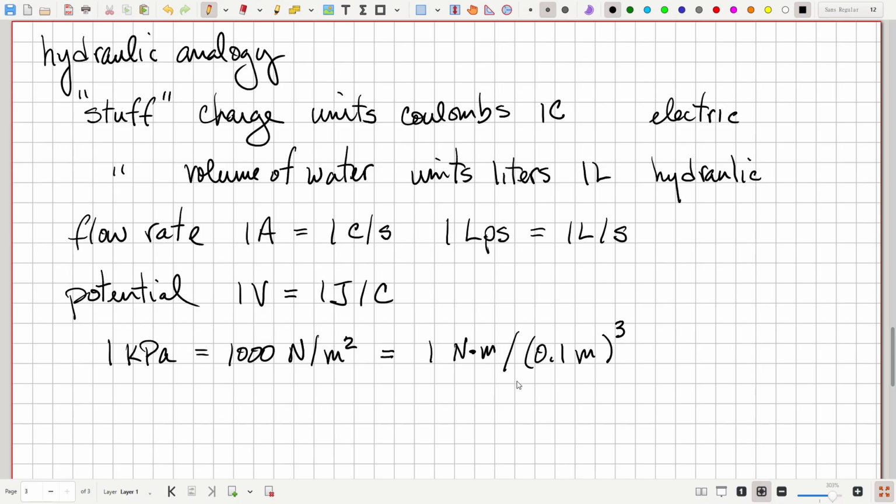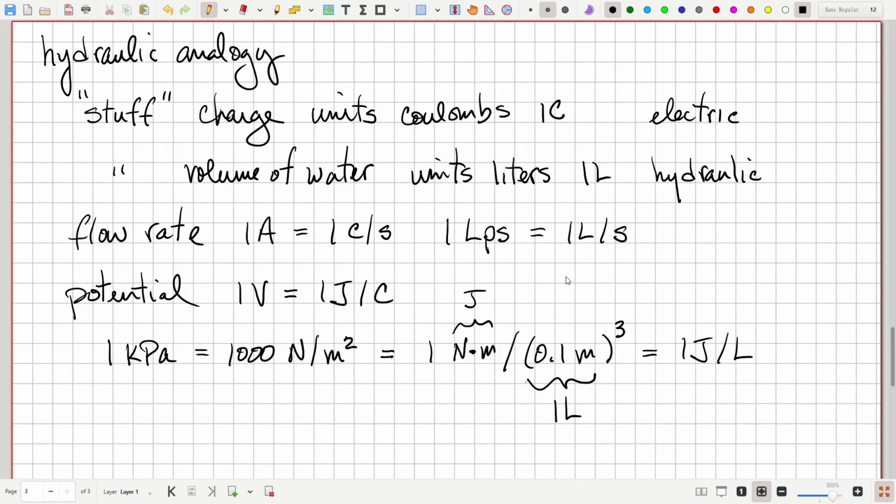And that's a liter. 0.1 meters cubed is 1 liter. And of course, a newton meter, well, that's force times distance. That's energy. That's a joule. So this would be then 1 joule per liter. So 1 kilopascal of pressure has the same units as 1 joule per liter.